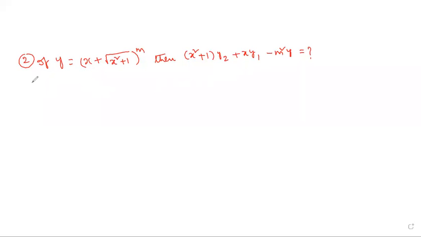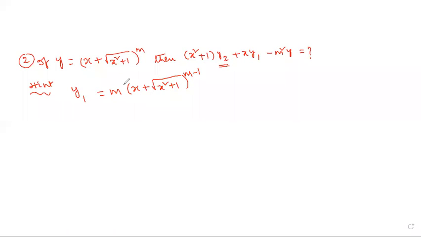See the solution for this problem. How many times is derivative needed? Two times is needed. First time I will apply. So first time, I represent y1, standard power formula: m into the second function, x plus root over x square plus 1, whole power of m minus 1.